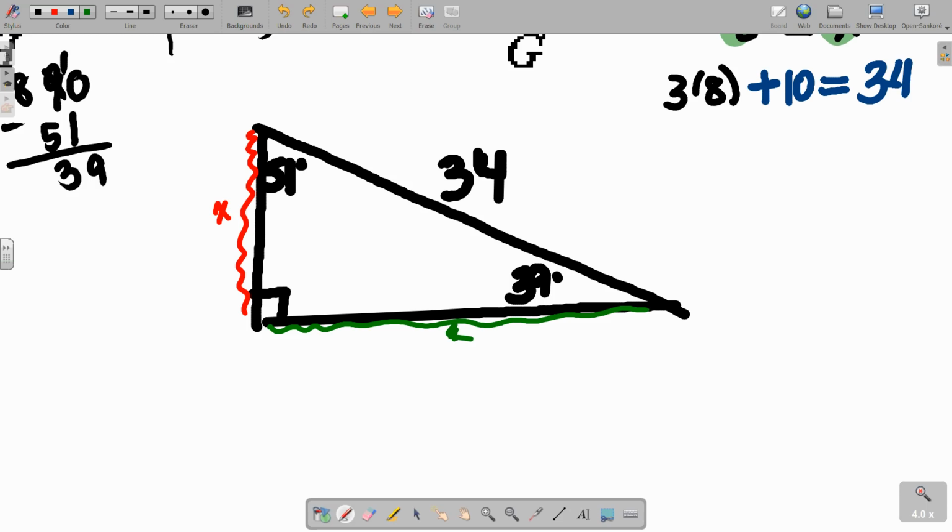Now I have both angles, so it doesn't matter which one I'm going to use. You just have to choose one. I'm going to go ahead and choose the 39. Let's label. That's going to make X our opposite. That's going to make Y our adjacent.